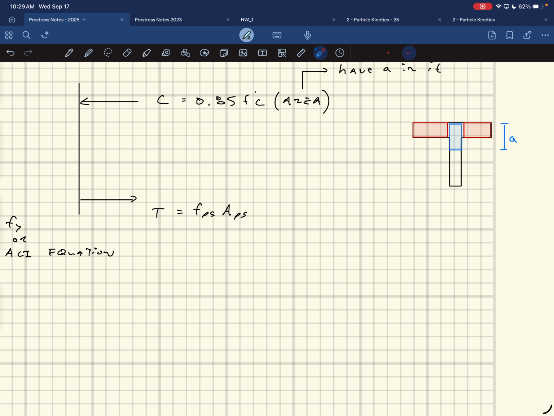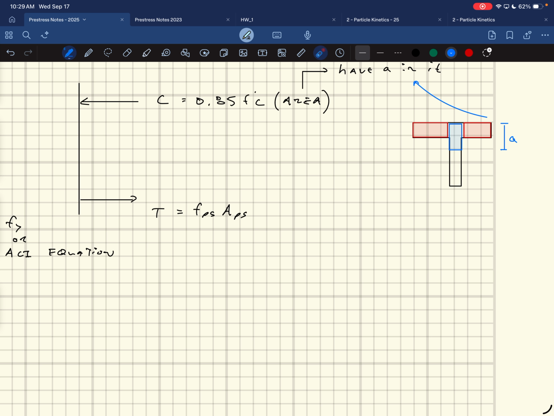I'm a doctor though, so you have to listen to me. I like to do it that way, but it doesn't matter. The area has A in it because that's the unknown, the only thing I don't know in this case. When you're doing the other method, you don't.